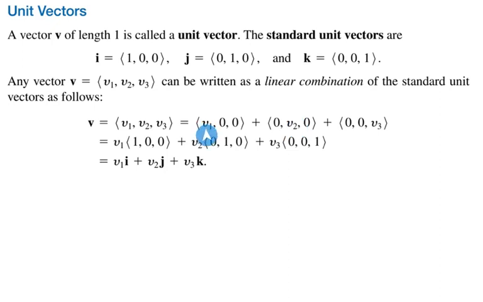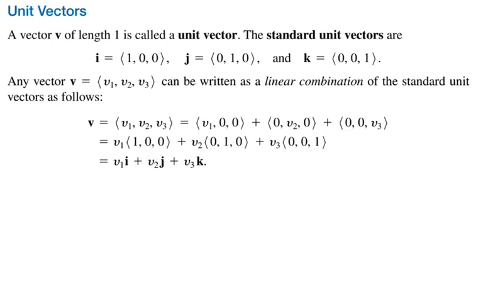So I've split it up so I have a 1x and a 0 for y and z, 1y, a 0 for x and z, and 1z, a 0 for x and y. In each of those 3 situations, I can factor that component in front of each of these unit vectors. So v1 times the unit vector 1, 0, 0, v2 times the unit vector 0, 1, 0, v3 times the unit vector 0, 0, 1.